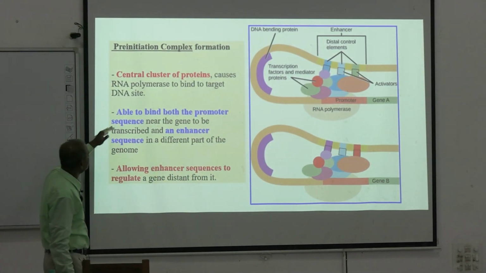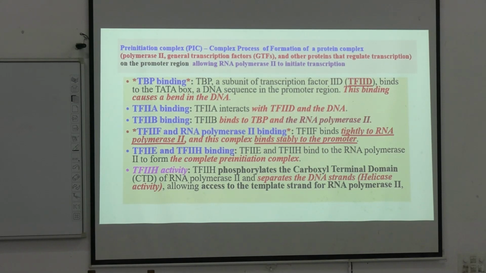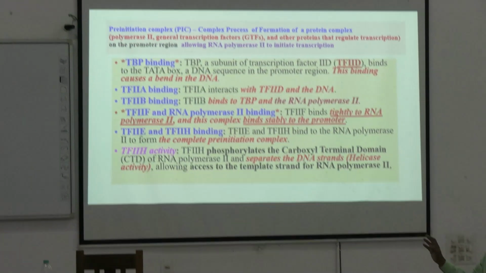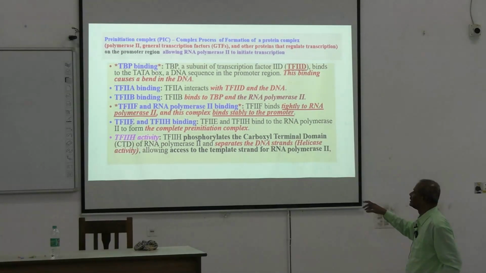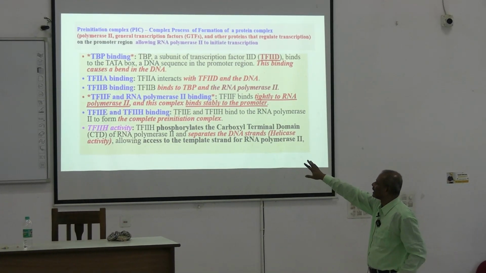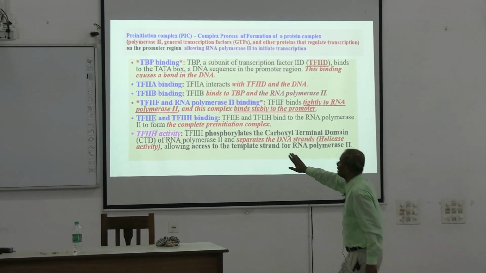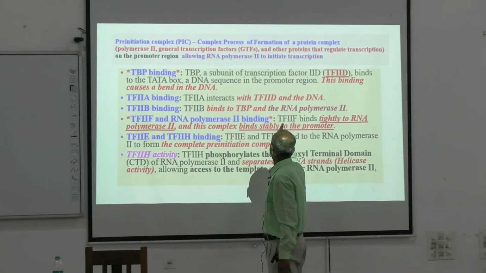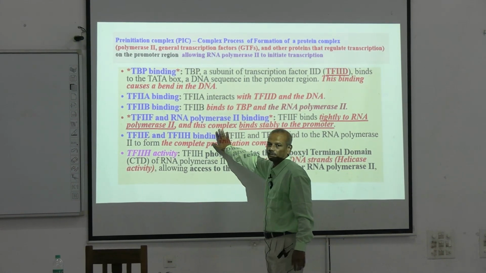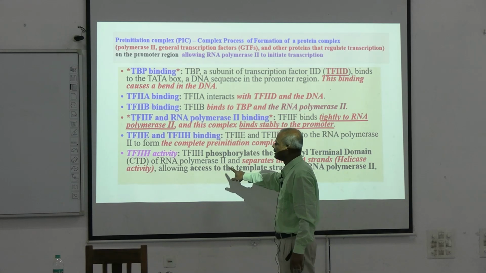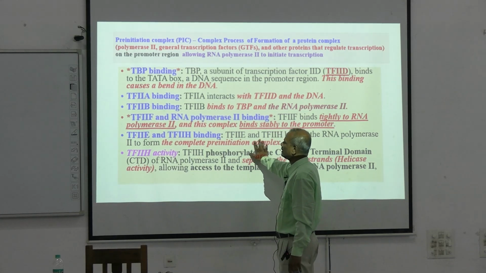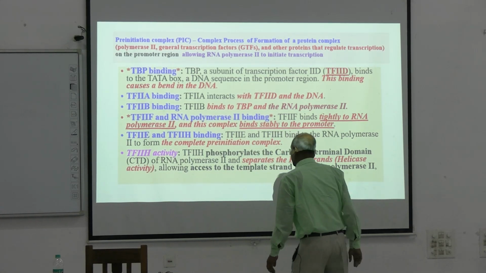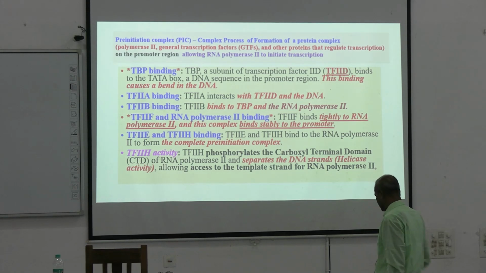And once this happens, I told you the sequence D, A, B, E, F, H, that you see. This TAF is basically tightly bound with the RNA polymerase 2, and TFIIH is highly phosphorylating.